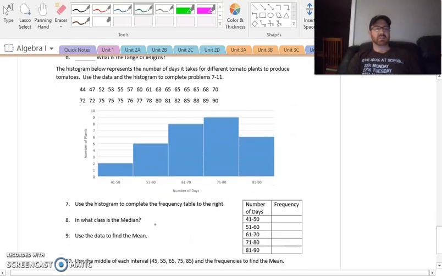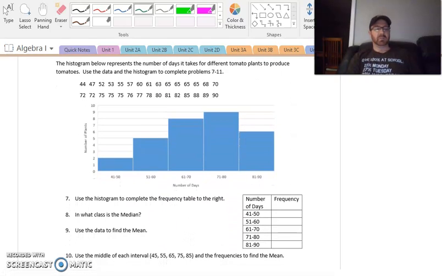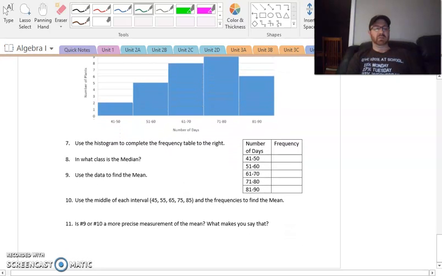And then the same with the histogram. And I remind you down here on number 10, using the middle of each interval. I told you here to use 45, 55, 65, 75, 85. You'll find the mean. So it actually wants you to do the comparison. I gave you all the original data, so I want you to find the mean that way. And then I want you to find it using the frequency table, and then I want you to compare those two, see what you think.